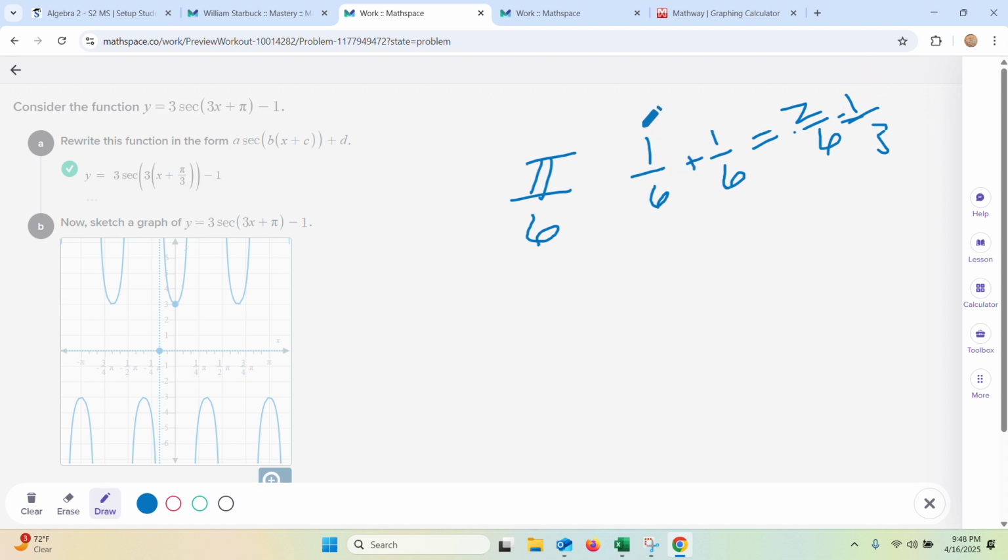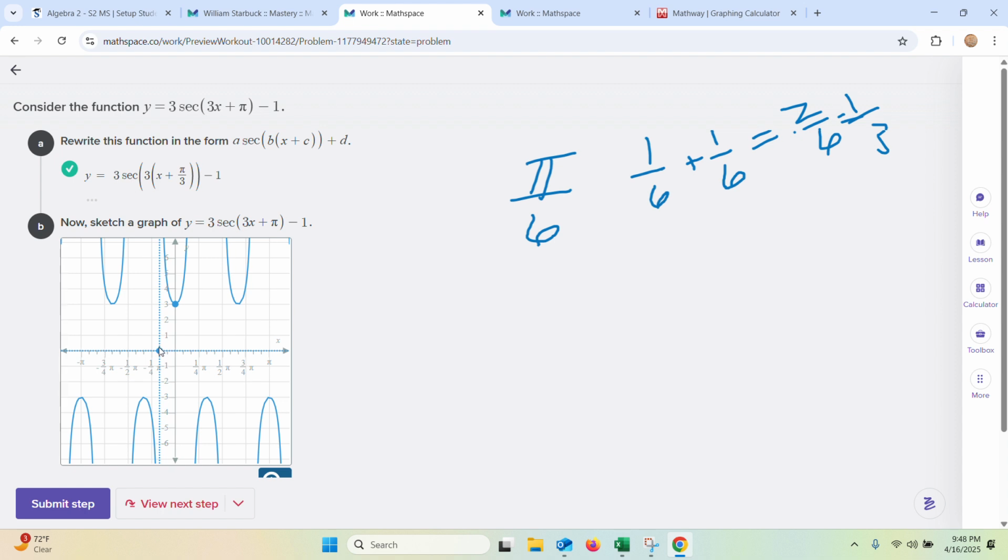So this is 2 tick marks, this is 2 tick marks, that's a third. I hope that's right. I'm starting to second guess myself now. Another way to look at it, a third is 2/6.